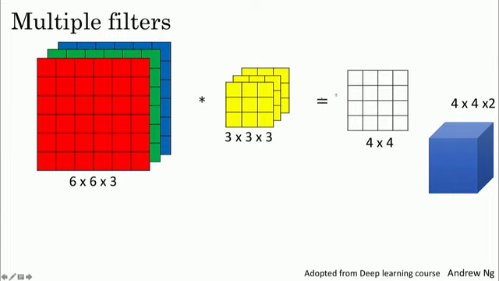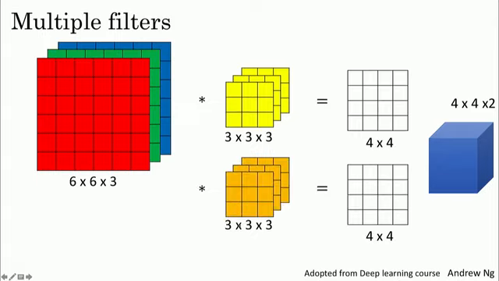For example, here, this filter does vertical edge detection and you store the results in this output. Another filter does horizontal edge detection and you store the output in another matrix. So the final output will be a stack of these two and will look like a cube. That's why in convolutional neural networks, you see a lot of cubes.